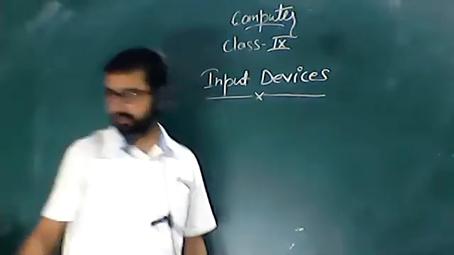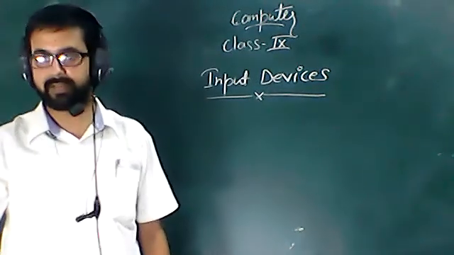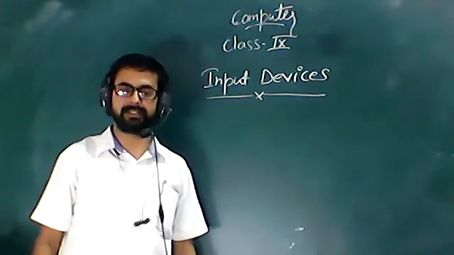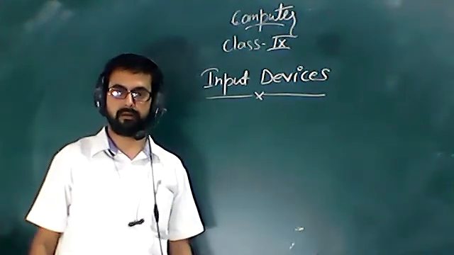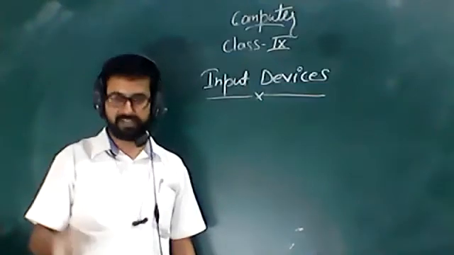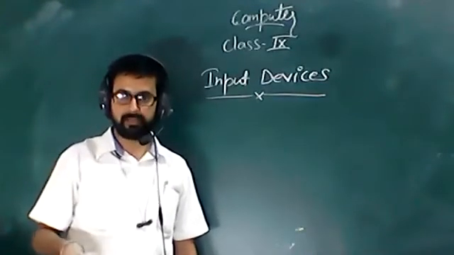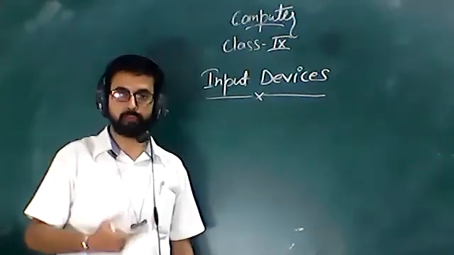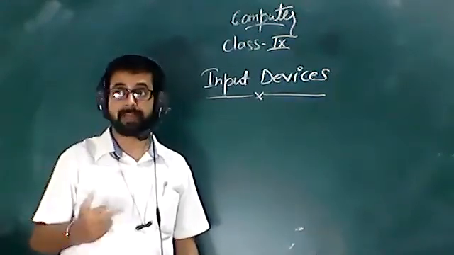Let's start our next topic. We had studied about the memories, several types of memory: what is memory, units of memory, types of memory. That is main memory and secondary memory. Main memory is divided into two types, RAM and ROM.